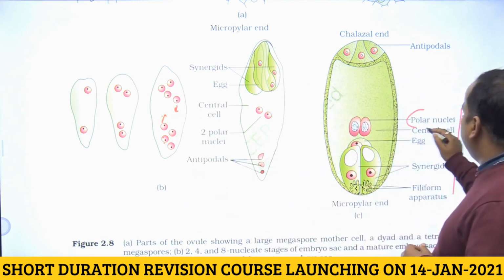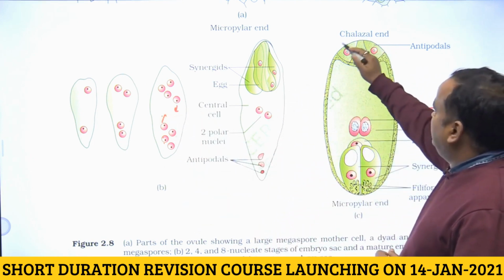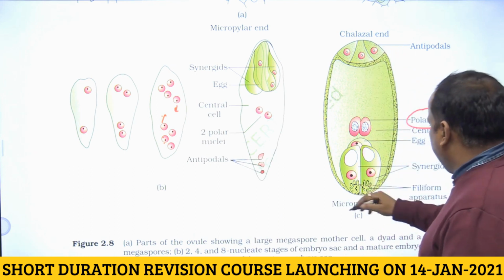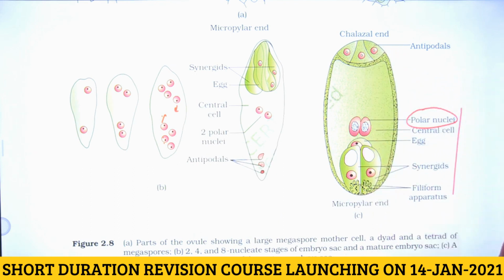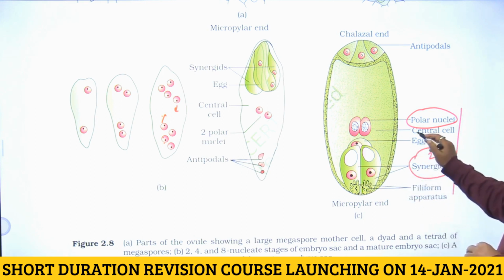These two will form polar nuclei, and the 3 which are present towards the micropylar end will organize themselves to form the egg apparatus, which consists of 2 synergids and 1 egg cell.